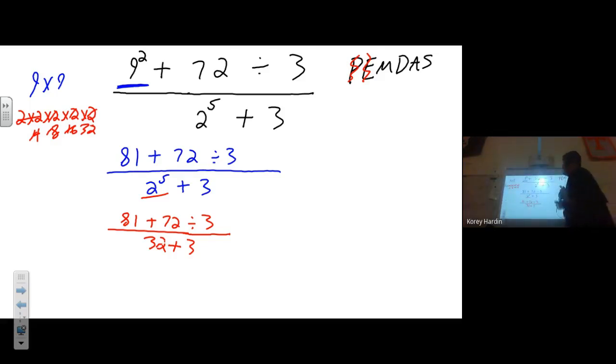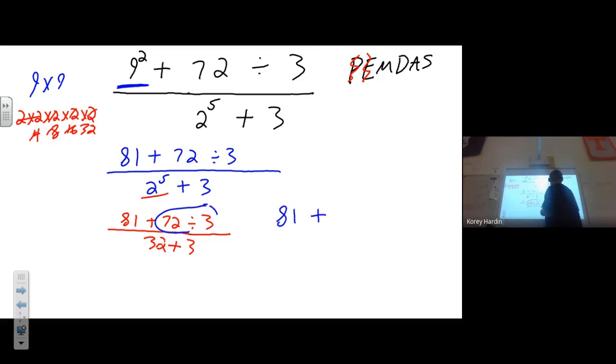In the top line, I have 72 divided by 3, which is 24. So I've got 81 plus 24 over 32 plus 3.